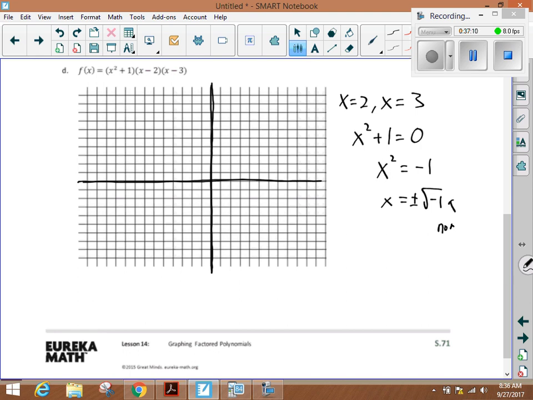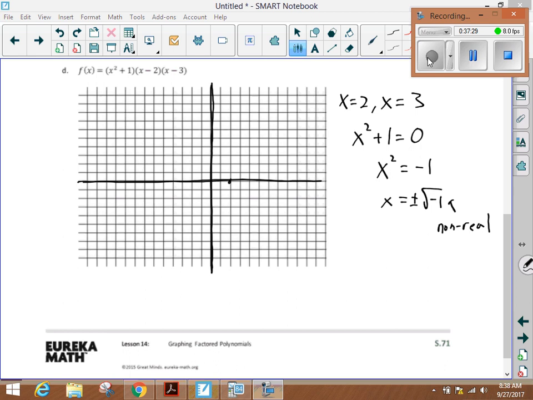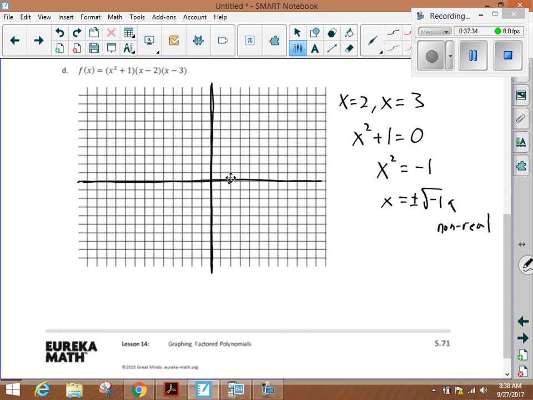So that's not real. So that means that this thing has only an intercept at x equals 2.